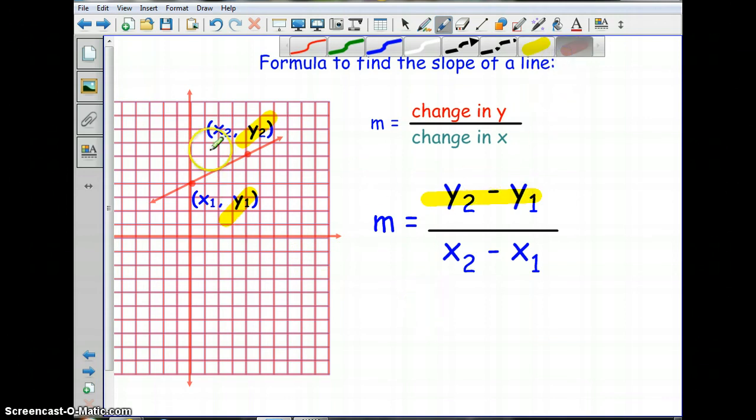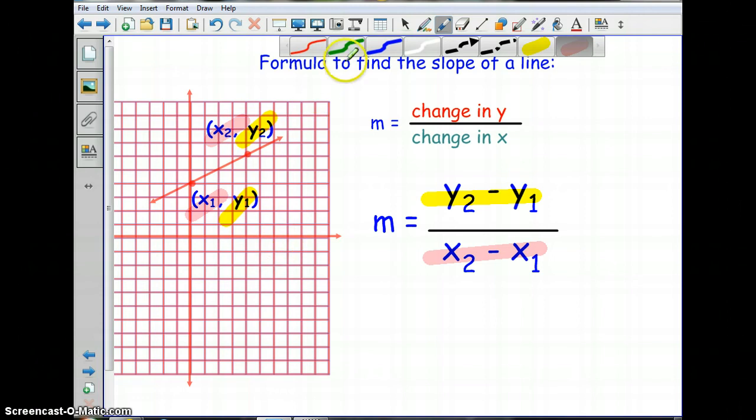Then you're going to find the difference in your x values. So x2 minus x1, and that's going to be your denominator. Now, it's so important that your order is the same. Okay, it's very important that your order is the same. Meaning, if you're going to take this y value first, you're going to take this x value first, subtracting.